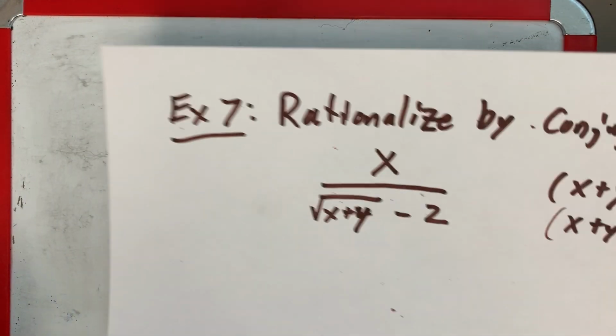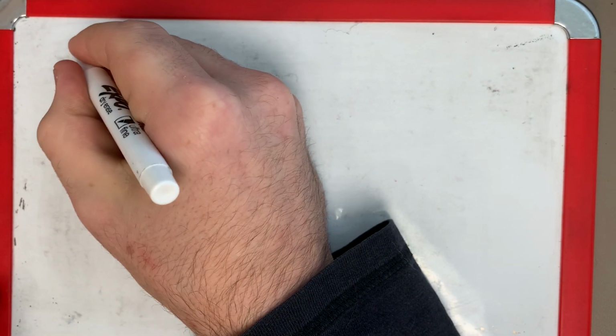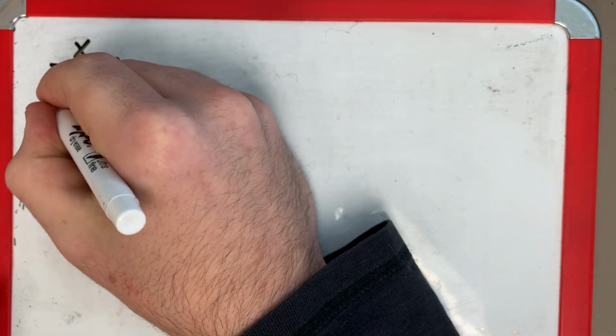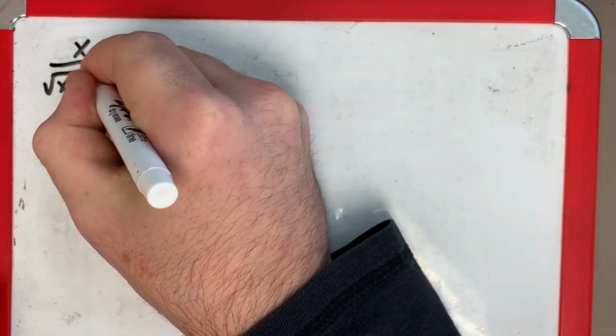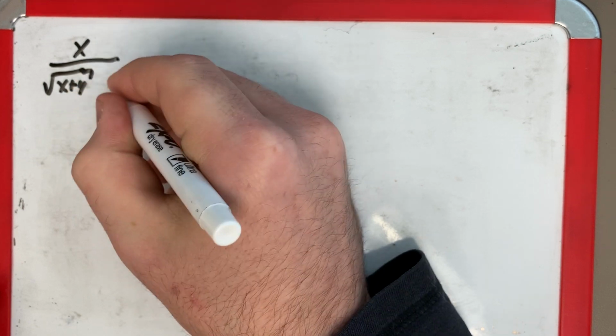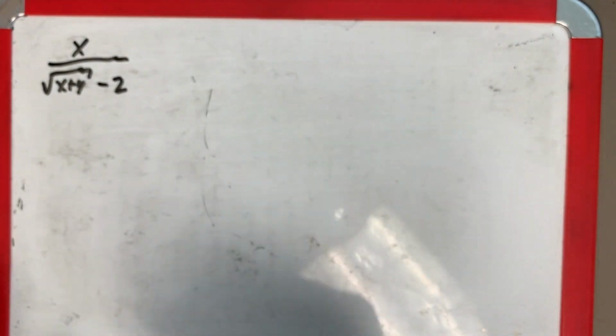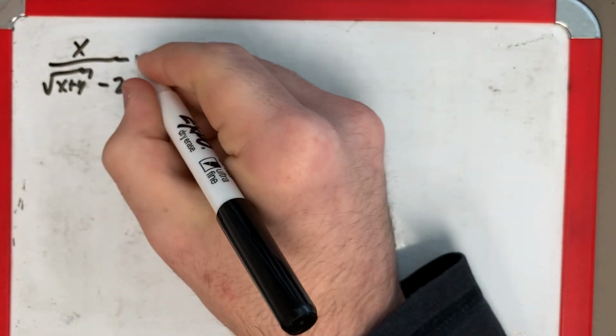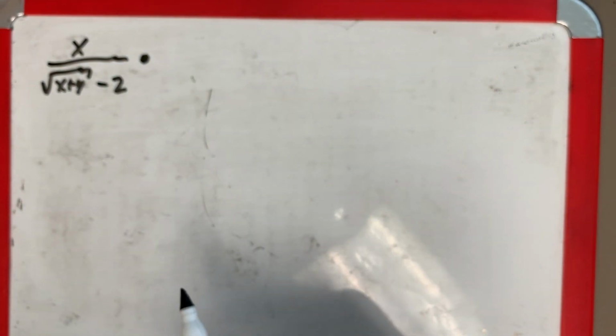The problem is going to be handled the exact same way as before. So rewriting the original expression, I have x over square root of x plus y, all inside the radical, minus 2. Here's the key trick, as always: multiply by the conjugate.